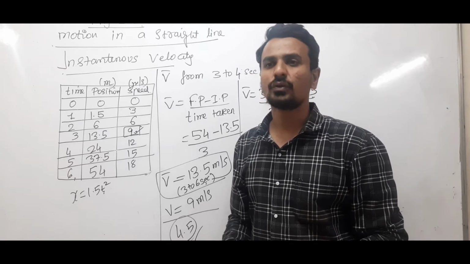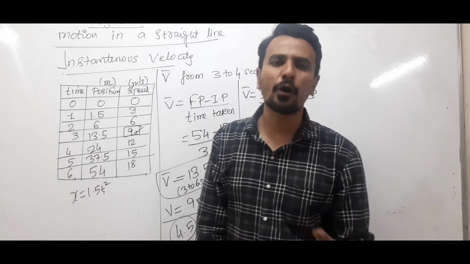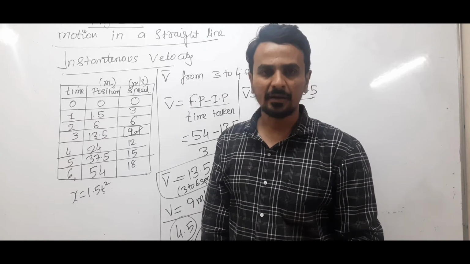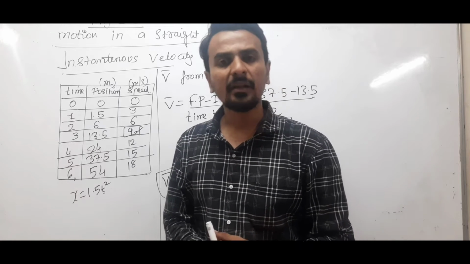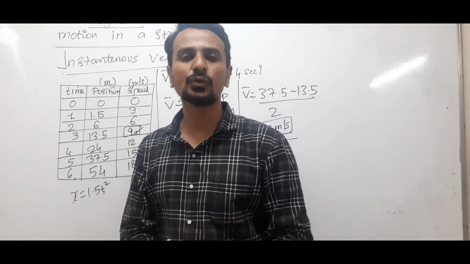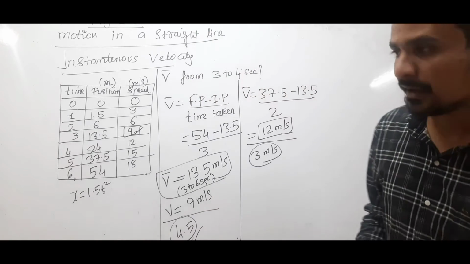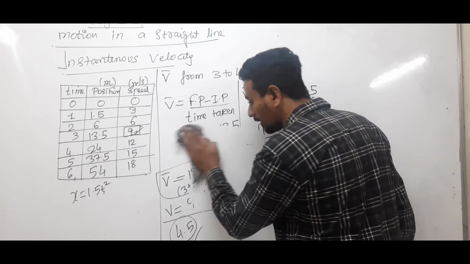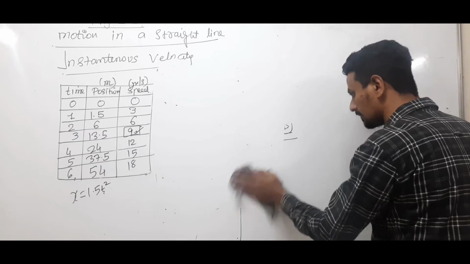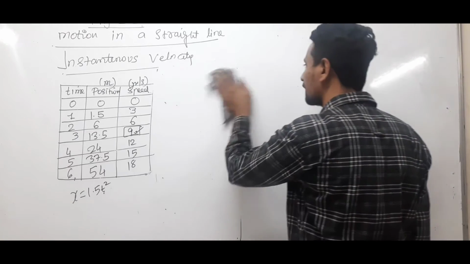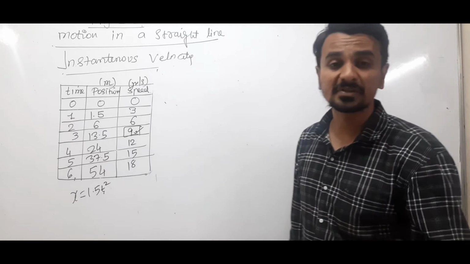Clear? So, in order to obtain instantaneous velocity or instantaneous speed from average speed or average velocity, you have to reduce the time. Reducing the time will give the answer closer to instantaneous velocity. So finally the question that arises is, on decreasing the time interval, average velocity becomes closer to instantaneous.